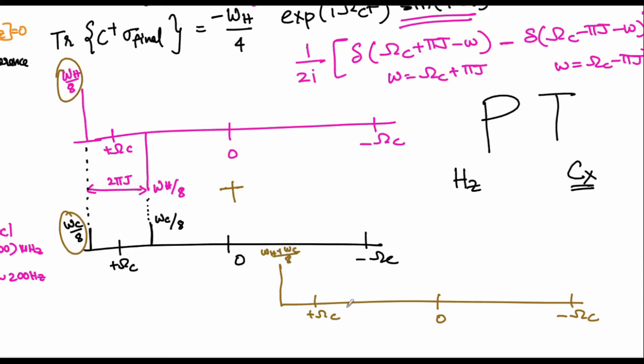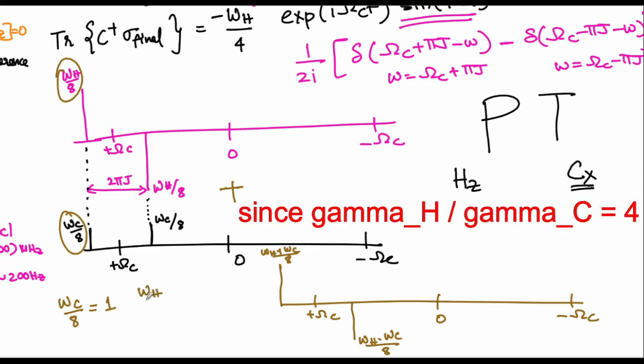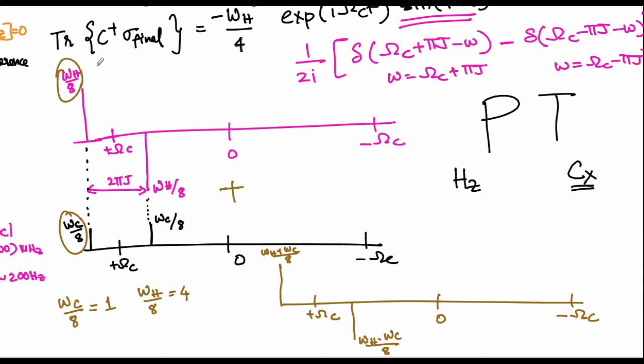On the other hand, in this case, it's going to be omega h minus omega c by 8. If you just give tentative numbers, what do I mean by tentative numbers? If you said omega c by 8 is equal to 1, then omega h by 8 is equal to 4. These are just relative numbers so that you can understand how the spectrum is going to look. So this is going to be 4, this is going to be 1, this is going to be 1, this is going to be minus 4. So therefore the sum and the difference will give you 5 is to minus 3.